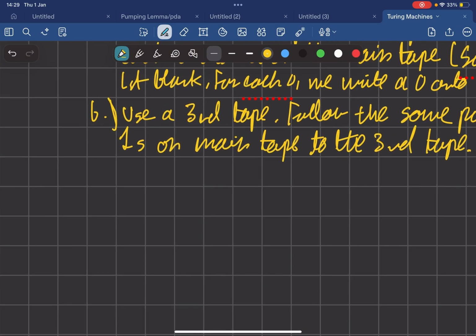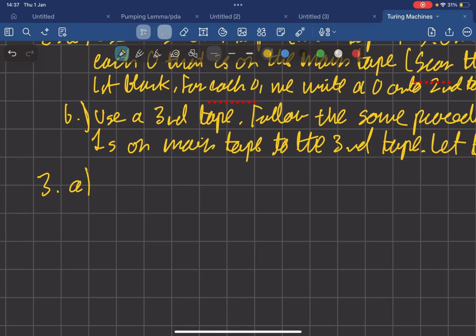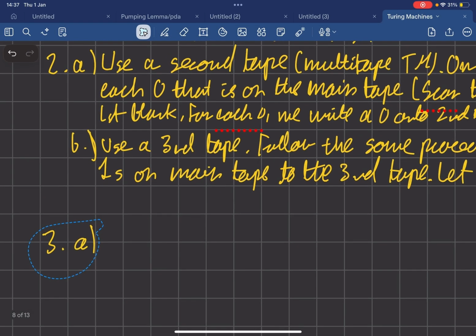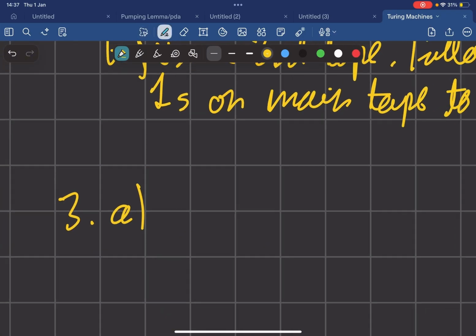Let's now move on to the actual subtraction part. Okay, now, just to make it clear to the examiner, it would be a good idea to write a little footnote on what we're doing.